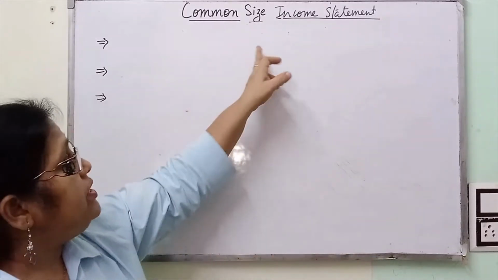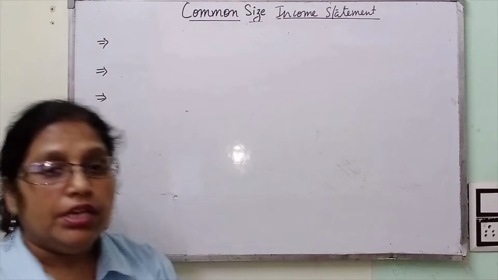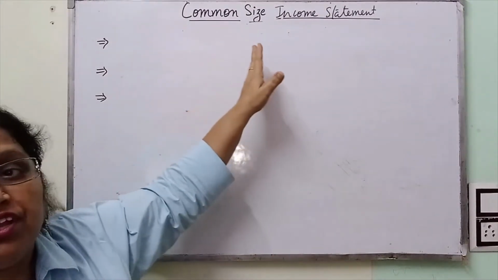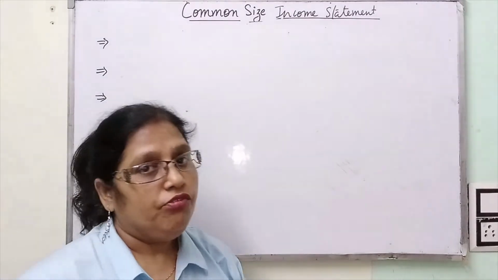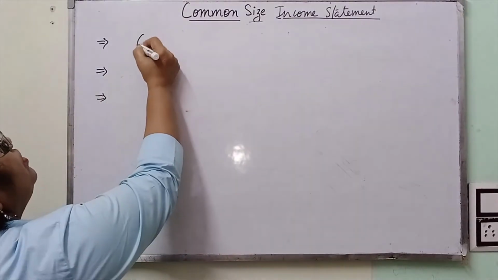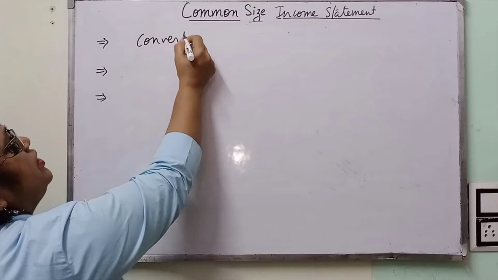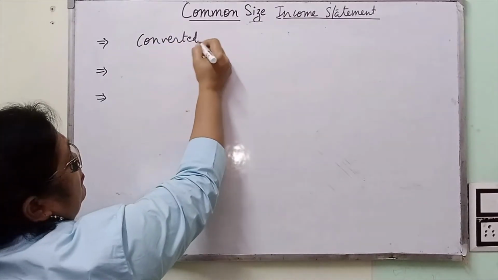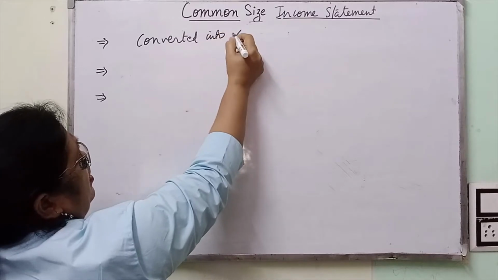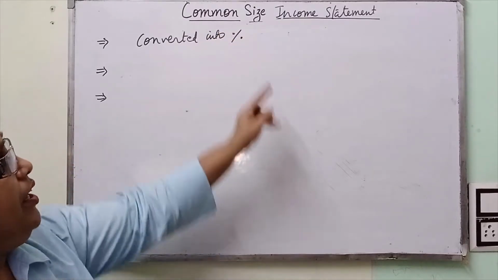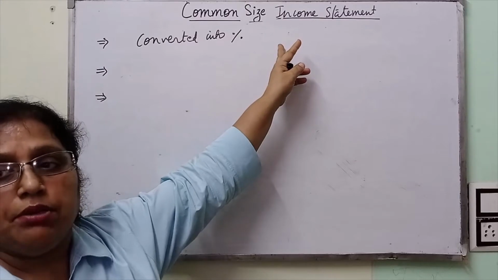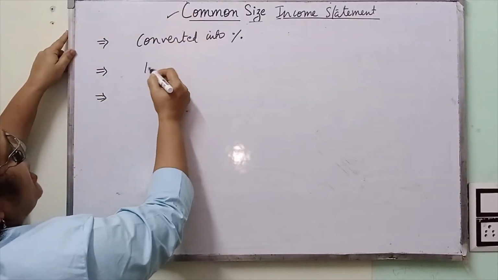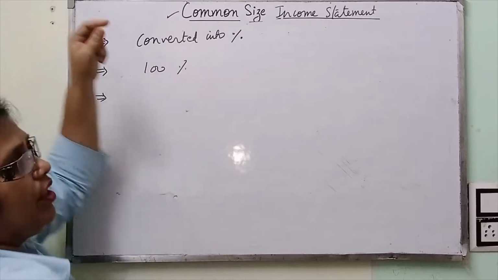So, in common size income statement, first of all, we have to figure out the points. The first point is to convert into percentage. In case of common size income statement, one common factor is to be treated as 100%.